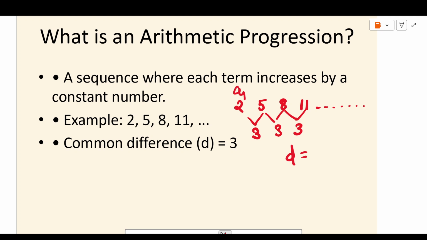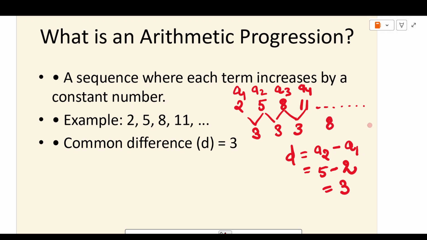This is the A1 term, this is the A2 term, this is the A3 term and this is A4. Remember that? So we can simply find the difference by taking the difference between two terms, subtracting the first from the second, right? You can check, here is the 3.